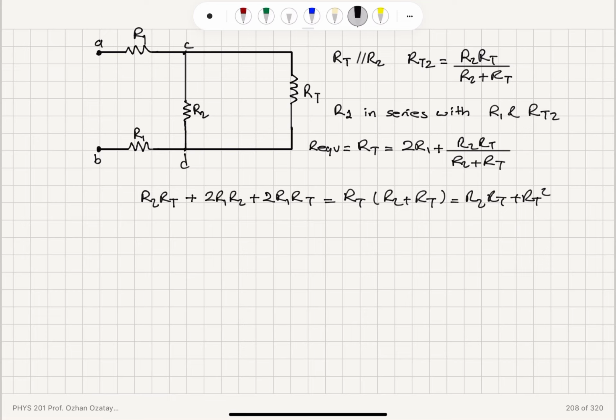So here we have RT squared, plus the R2 RTs will cancel out.